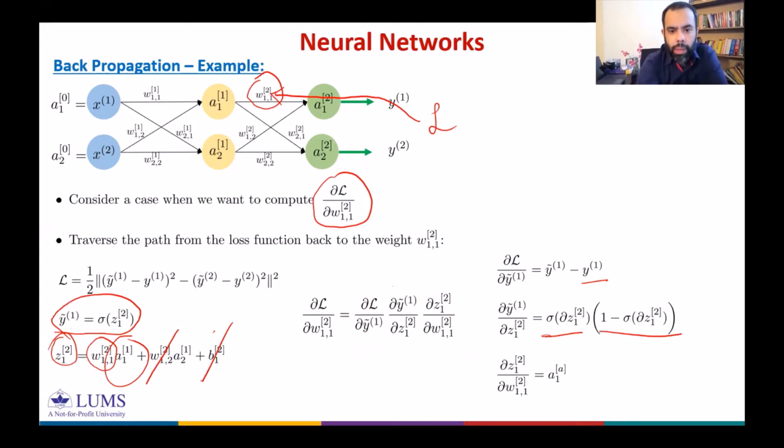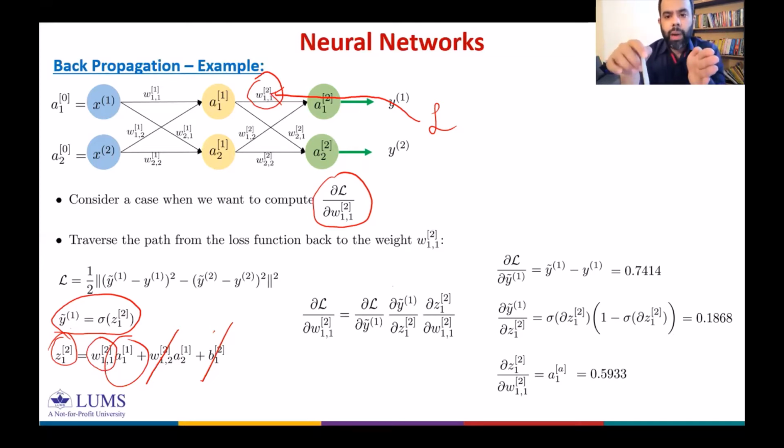When you substitute the values, you can compute these three partial derivatives. How did I compute them? In fact, when I had the forward pass, I computed these values. I have simply used those values here. So A11, I had this output in the forward pass. What about this derivative?